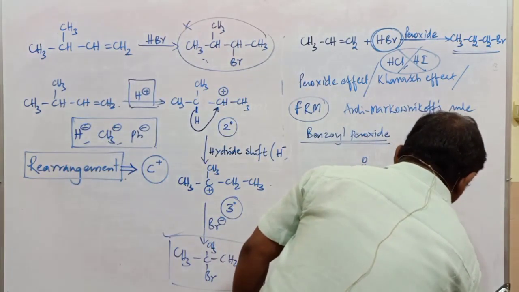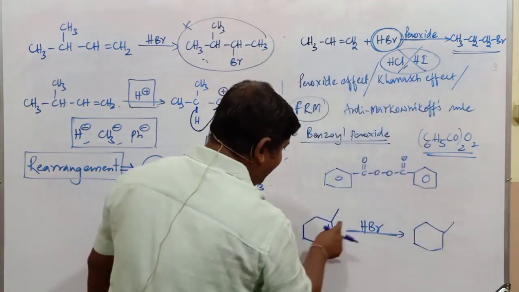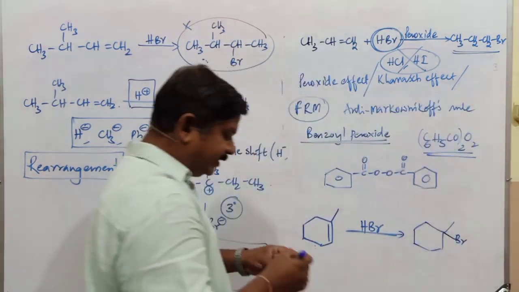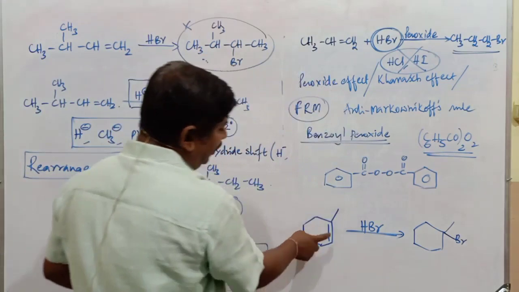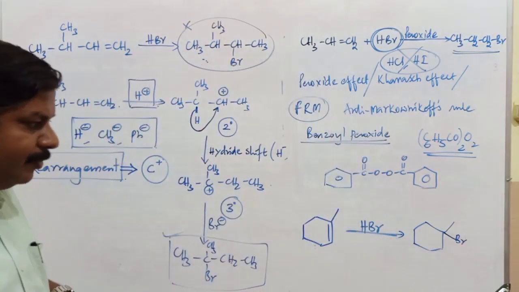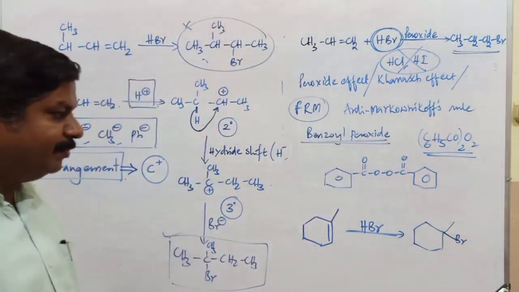So the product possible is, this is a methyl group, and here Br adds to this carbon atom. So it is 1-bromo 1-methyl cyclohexane. The cycloalkene, cyclohexene, converts into a cyclohexane compound. Alkenes are converted into respective alkanes. So this is one of the simple reactions.